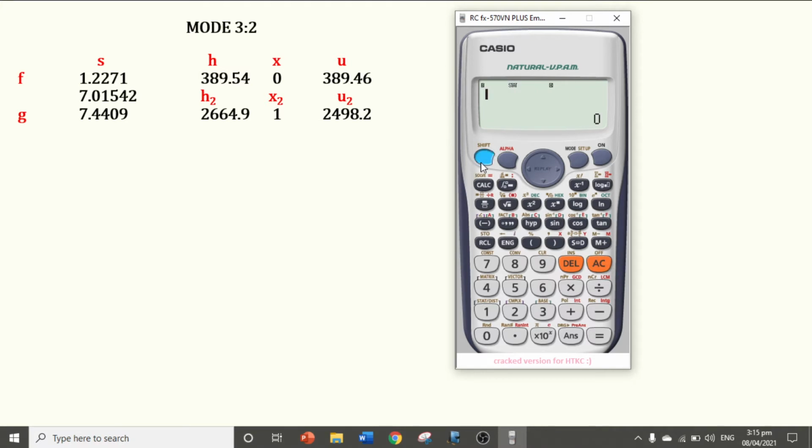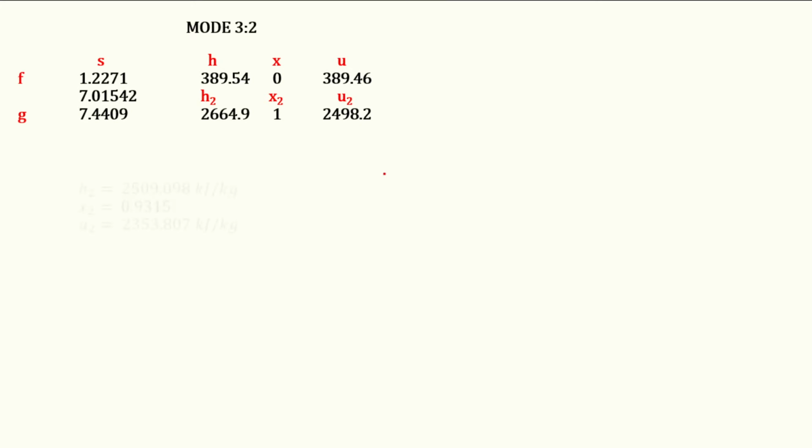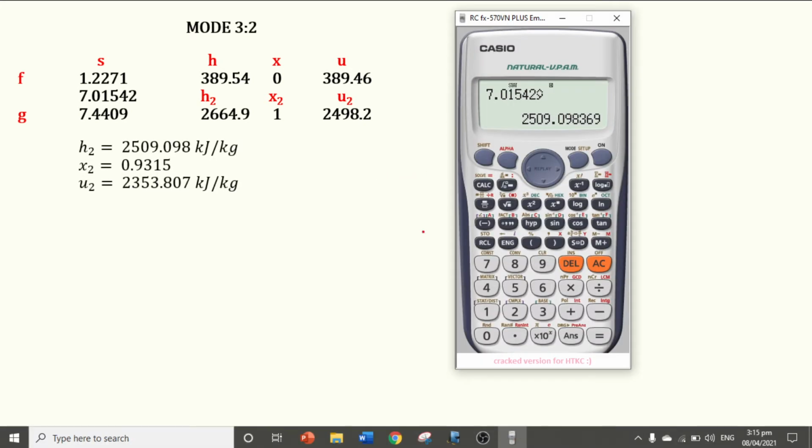Press AC. Shift 1, 5, 5. Lagyan natin si delta Y, which is 7.01542. So, H2 is 2,509.098 kilojoules per kilogram. Solving for X2, punta lang tayo sa data.